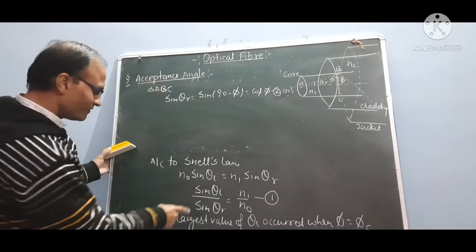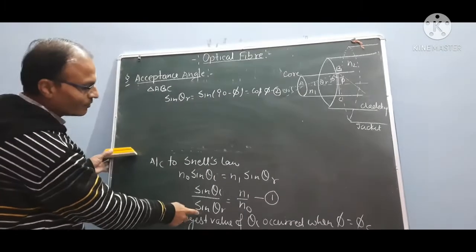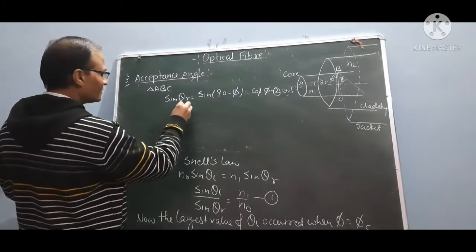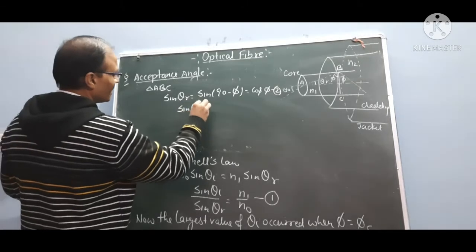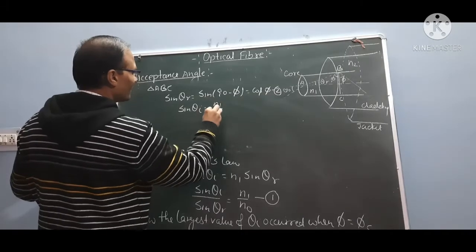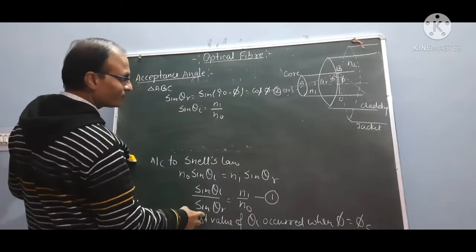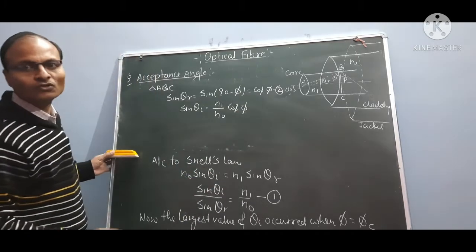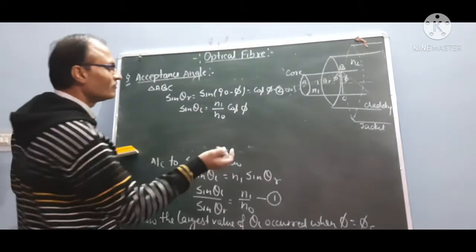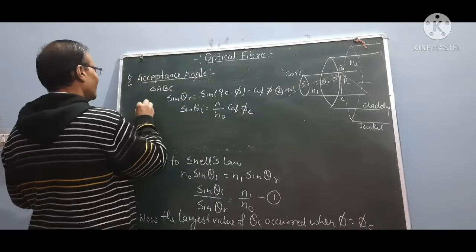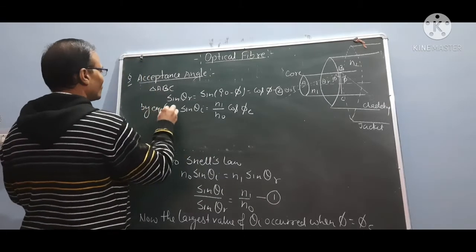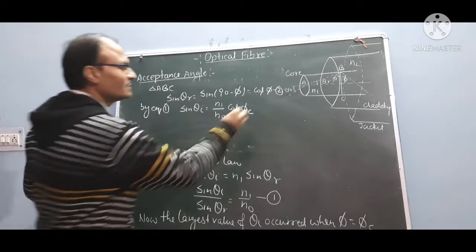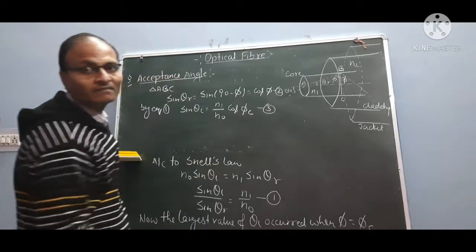Now by equation 1, sin theta I upon sin theta R, we apply this condition. Sin theta I equals N1 upon N0 cos phi. So for the maximum angle, phi equals phi C. So by equation 1, sin theta I equals N1 upon N0 cos phi C. This is equation number 3.